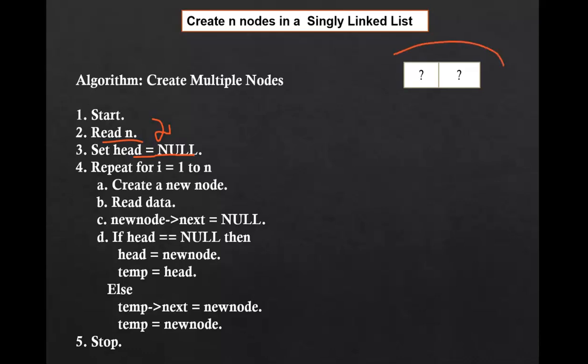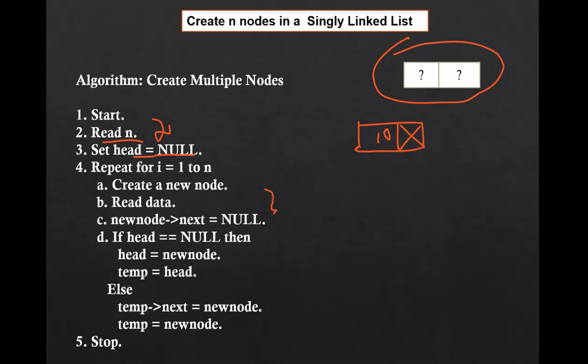Now the operating system will give you some space for the node like this. So now the node is created. After you create the node, you read the data value of that particular node, say for example 10. And then you set the next part of the node to null. That is what is being done in the B and C portion here.